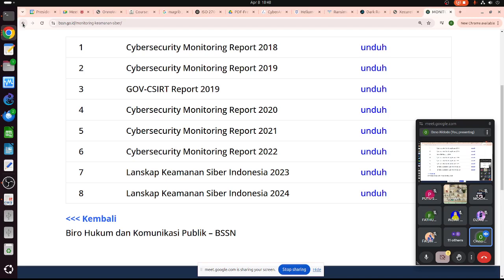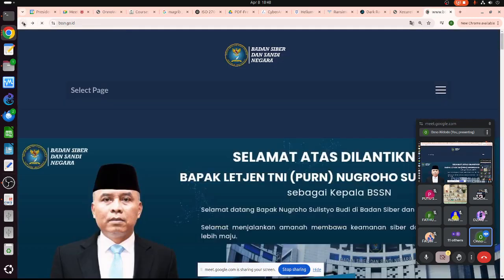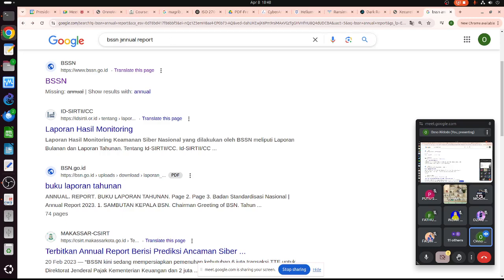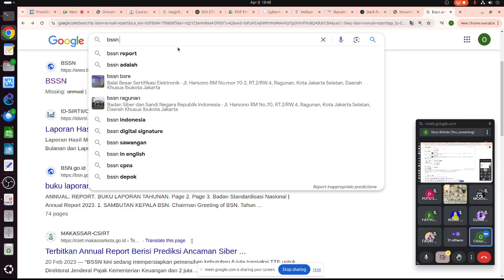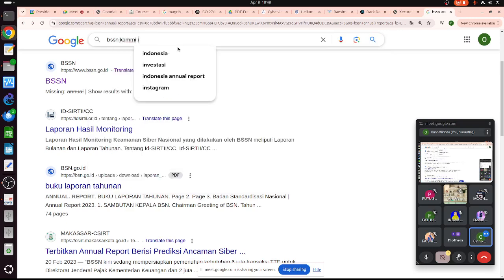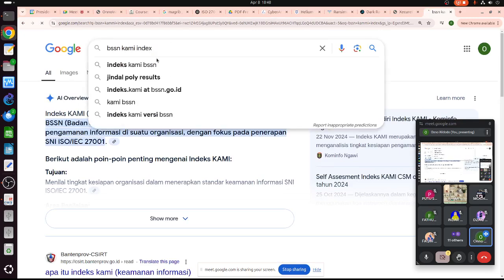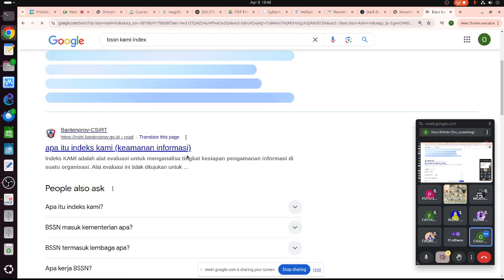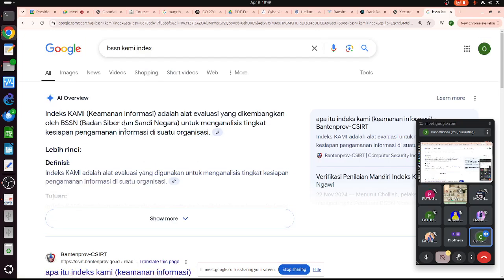Because I am still in BSSN, I encourage you to search for this one. Index. I encourage you to download the Kami index from BSSN.